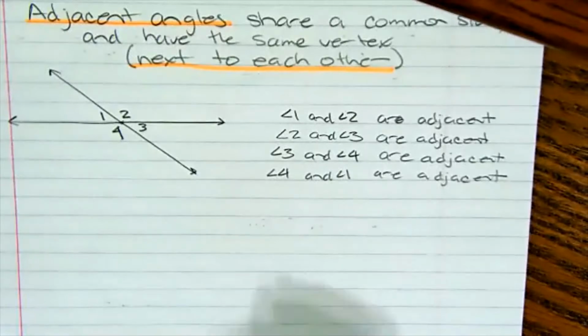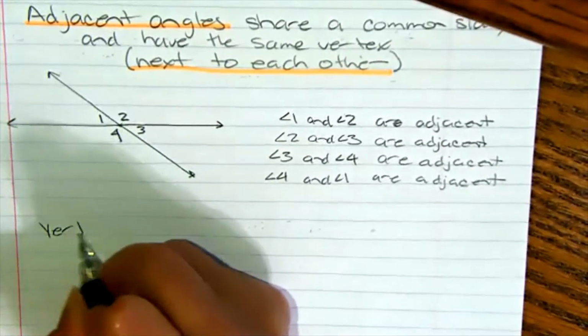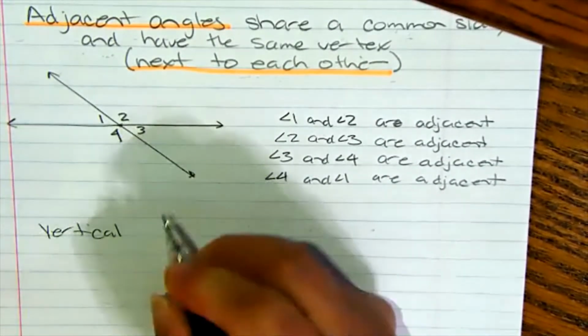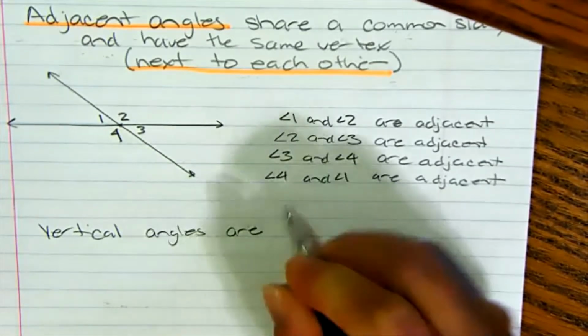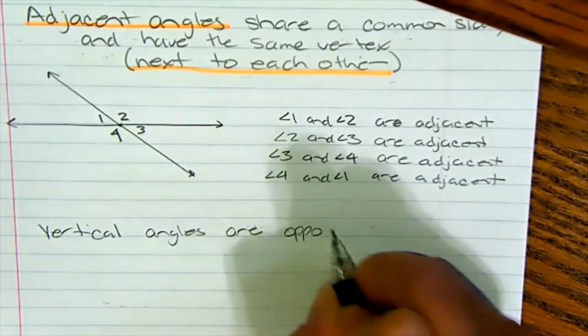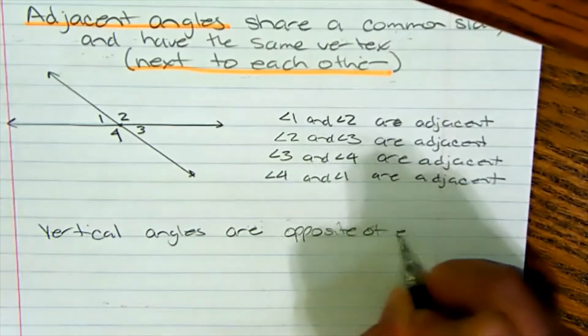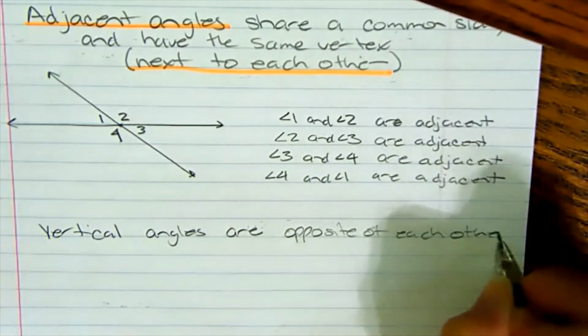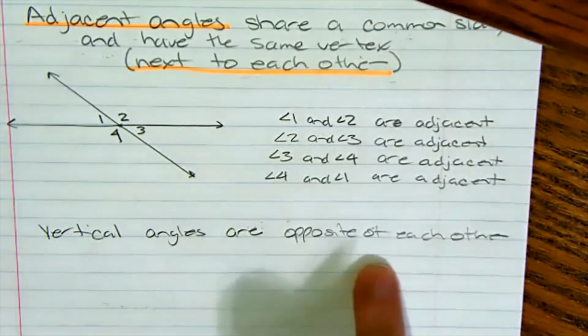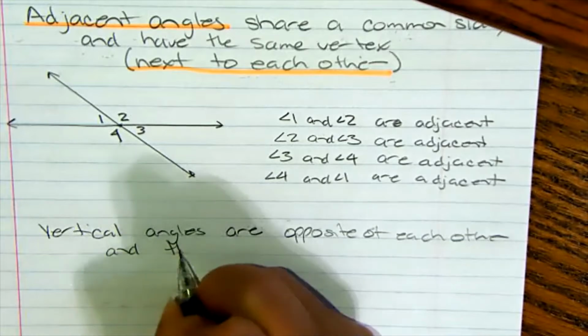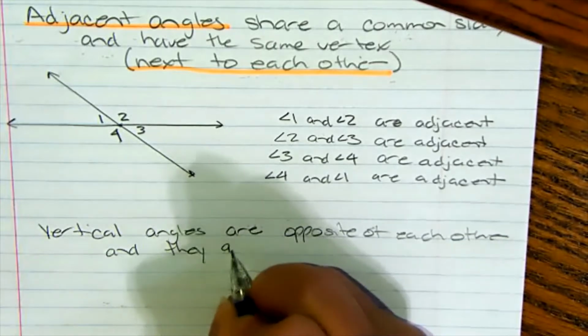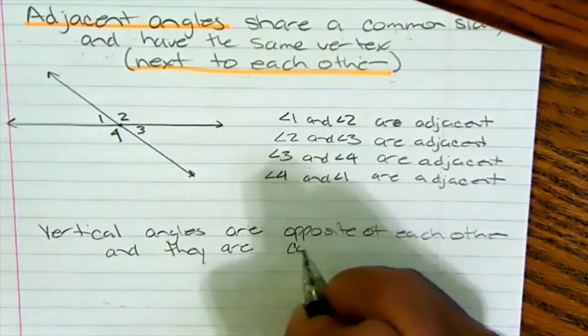Okay, so now let's talk about vertical angles. Vertical angles are opposite of each other. So vertical angles are opposite of each other and they are congruent.